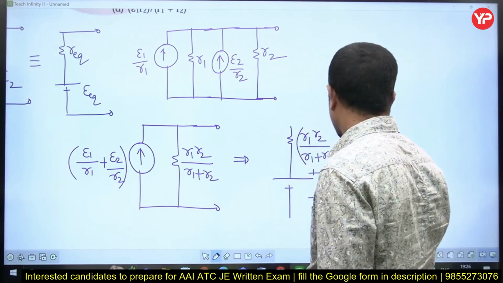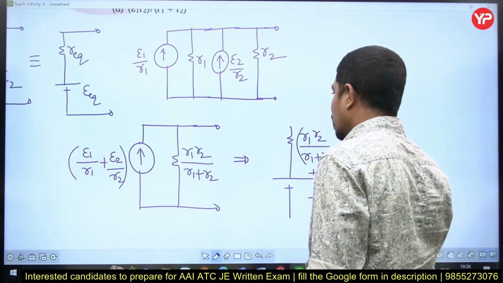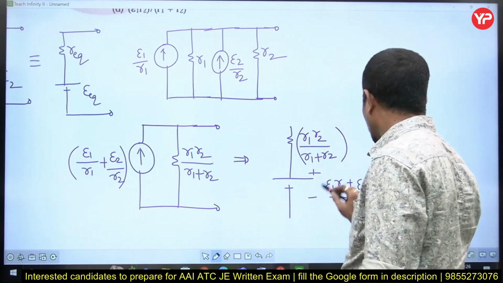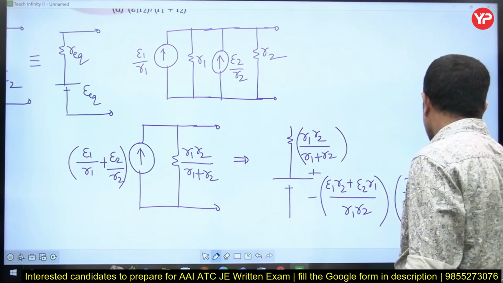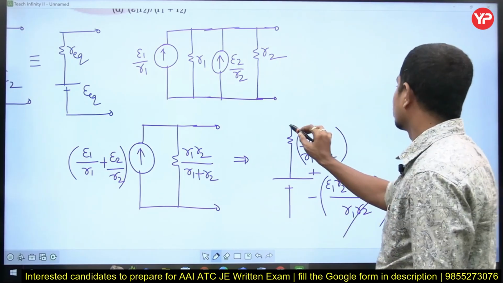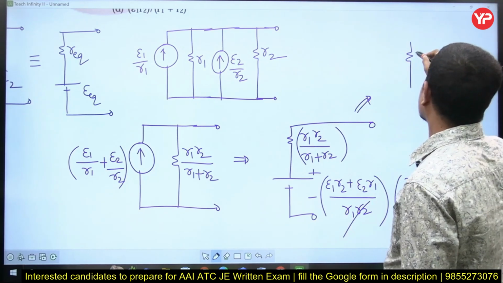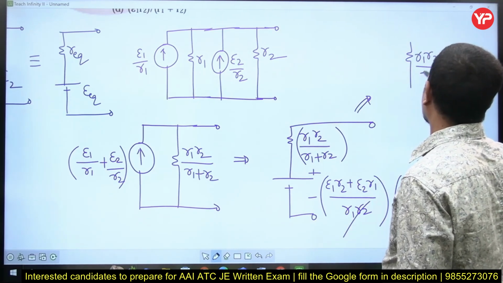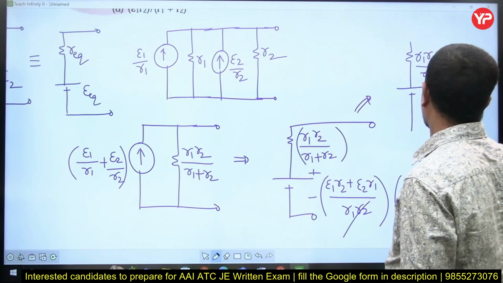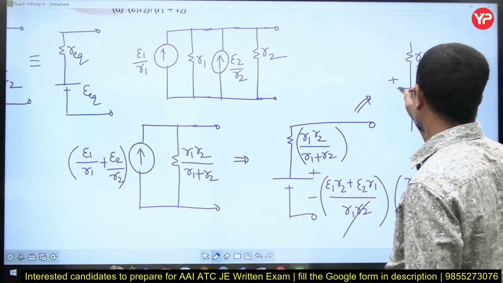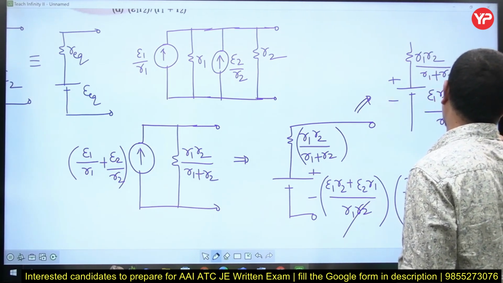Epsilon 1 R2 plus epsilon 2 R1 by R1 R2, into R1 R2 by R1 plus R2. R1 R2 gone, right? So the voltage is epsilon 1 R2 plus epsilon 2 R1 by R1 plus R2.